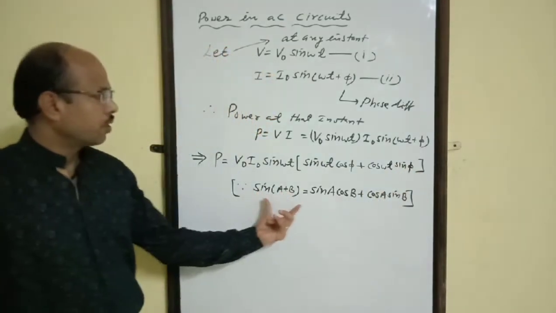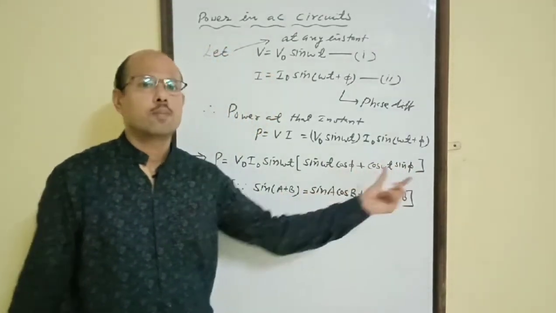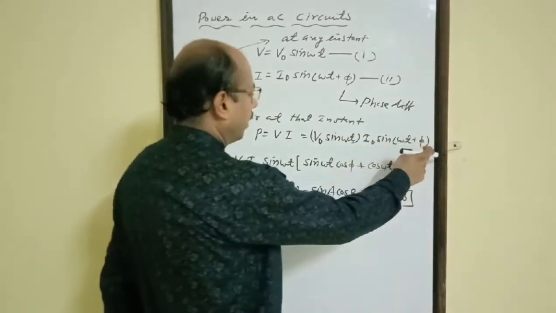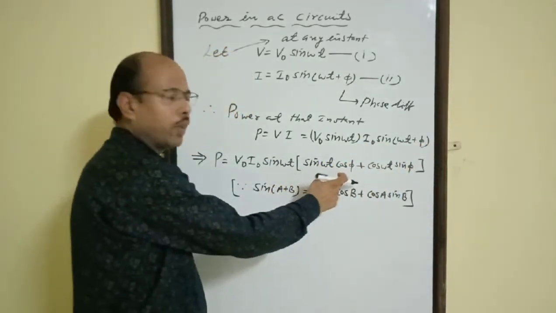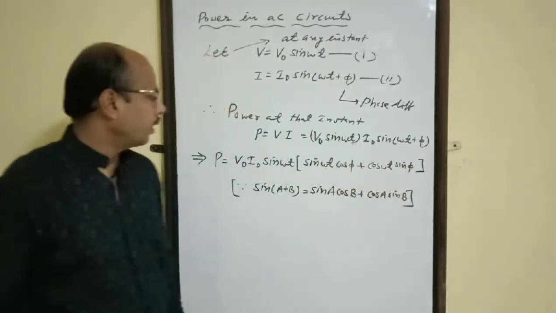So by using this relation of trigonometry, we have expanded this term: sin(omega t plus phi) can be written as sin omega t cos phi plus cos omega t sin phi.